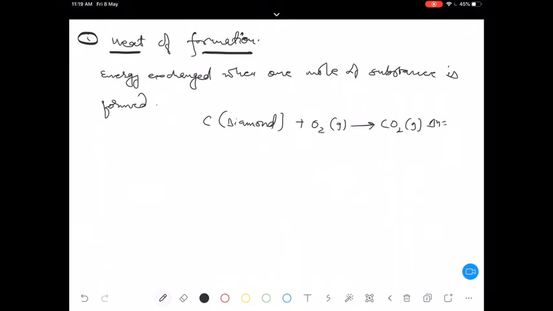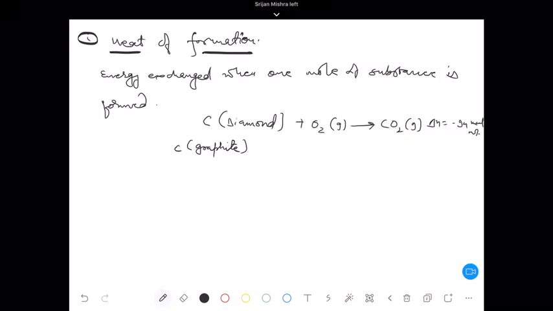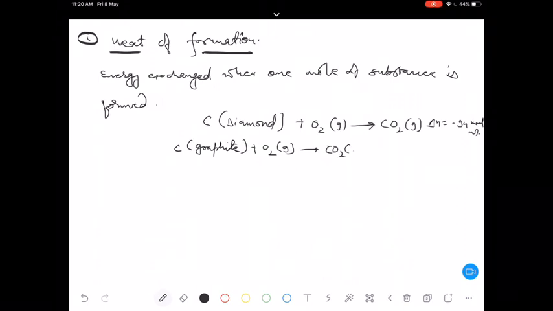Delta H, we write as minus 94 kilocalorie per mole. Similarly, I can write carbon as graphite plus O2 gas giving you CO2 gas.